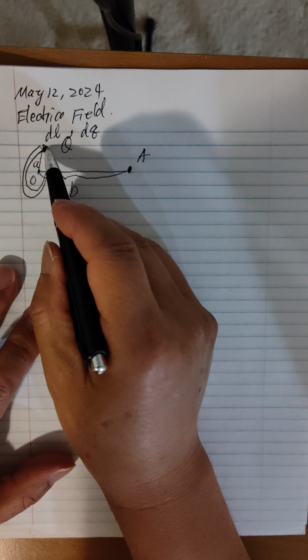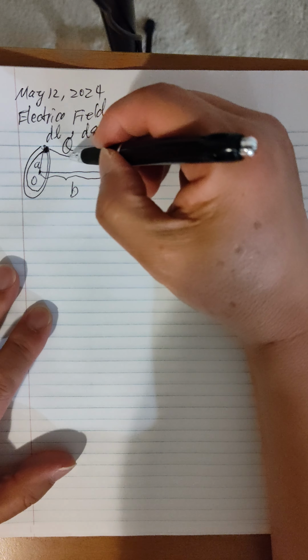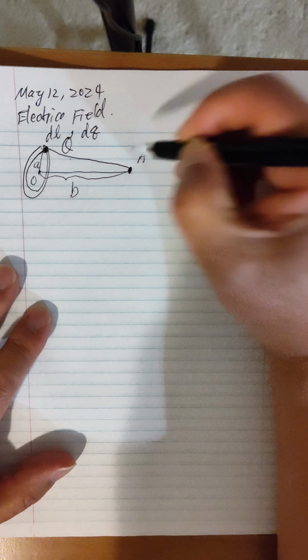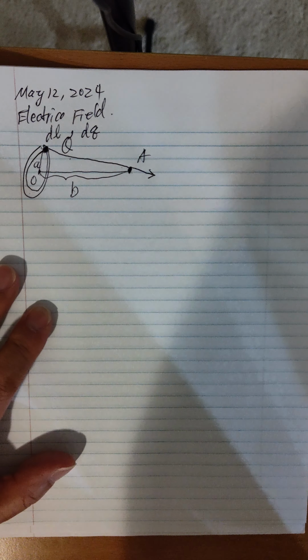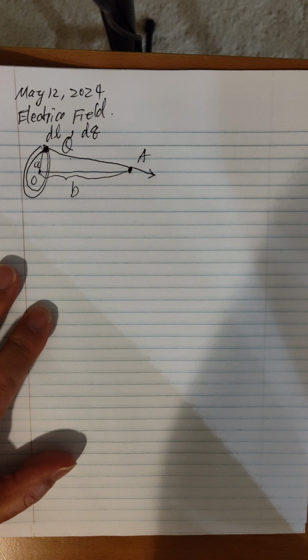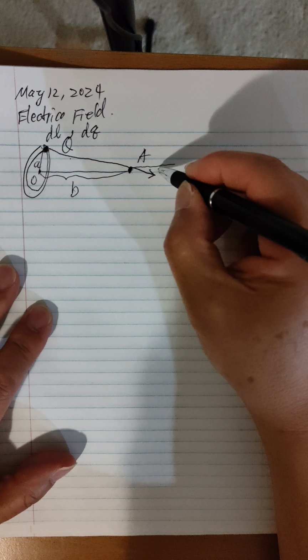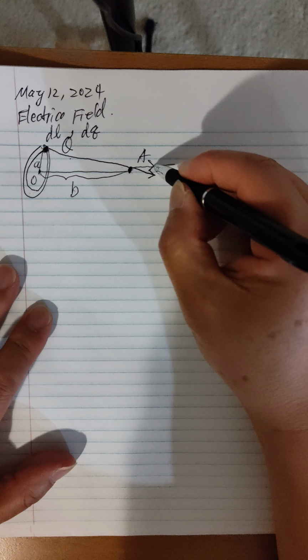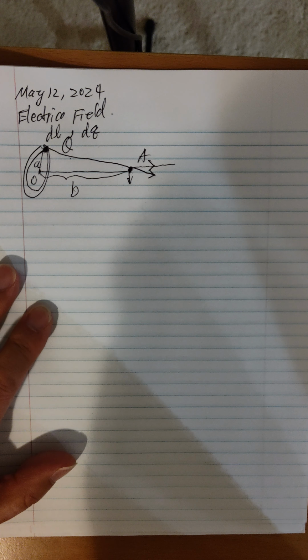If we look at the dq right here and connect those lines, we notice the electric field goes in that direction. Again, we can put that into two components: one is the X component, another is the Y component.